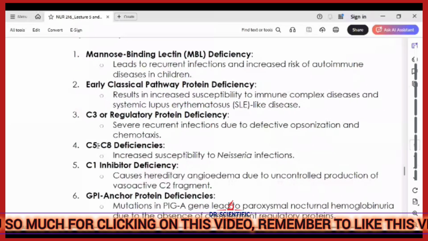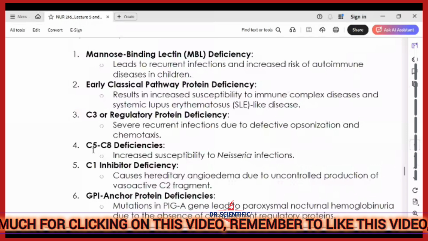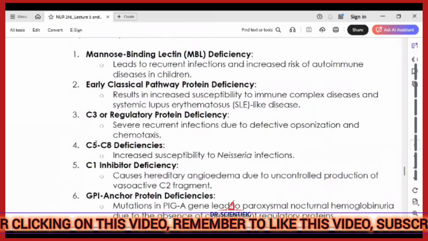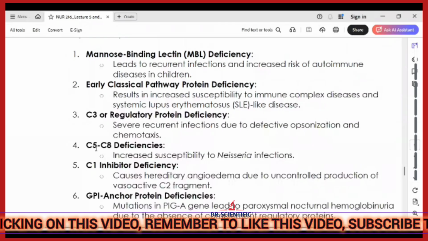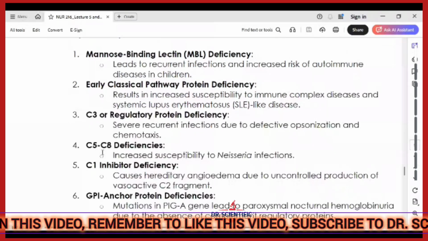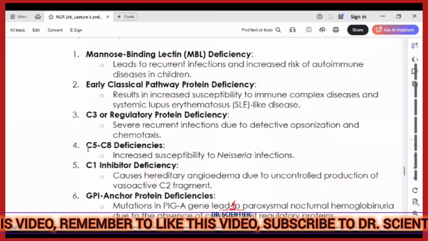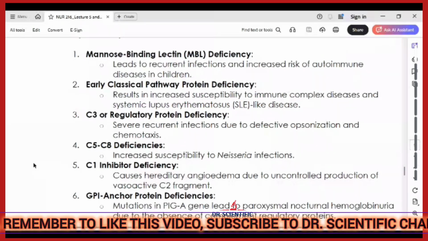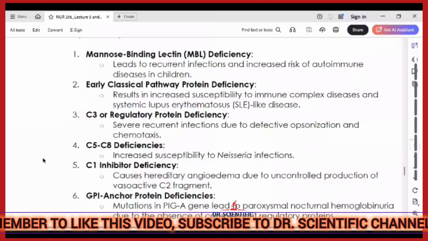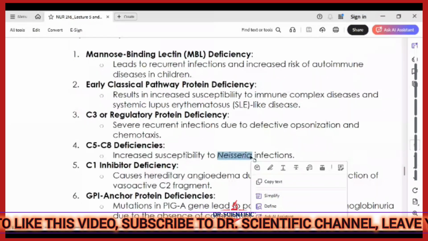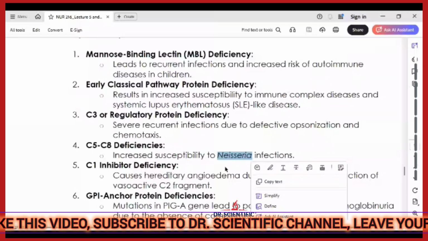We also have individuals who have deficiencies between C5 and C8. We saw that once C5 is broken into C5B, C6, C7, C8, and C9 bind to C5B to form MAC. So if an individual has C5 to C8 deficiencies, then they are definitely going to be susceptible to very many infections, including infections of bacteria that are in the genus Neisseria.